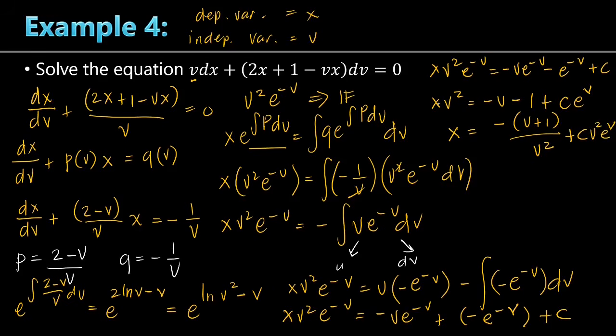Kaso nga lang, since dinivide natin ng v squared yung equation, dapat ito ay 2. Ayan. Pangit tingnan. Sulat ko dito ha. X equals negative of v plus 1 over v squared plus c v to the negative 2 e raised to v. Ayan. So, this is now our general solution.